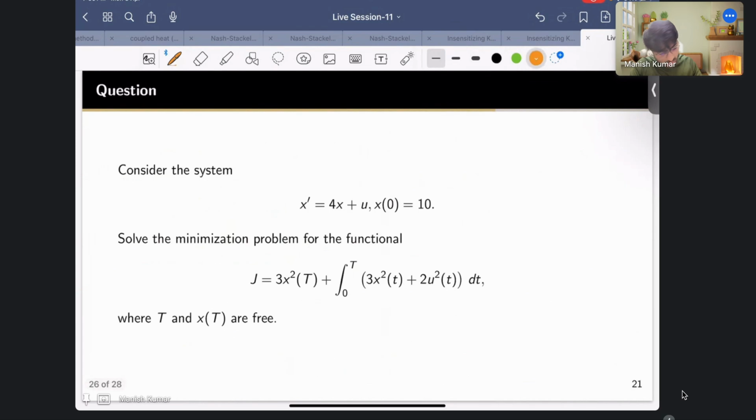Now let us look at this problem. Over here, this function f is equal to 4x plus u, and the integrand is given by 3x square plus 2u square.